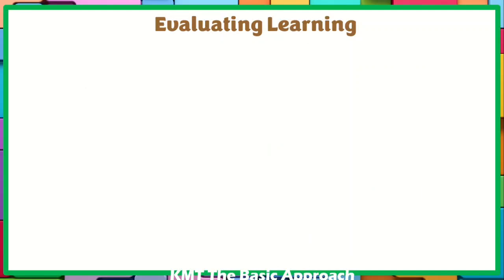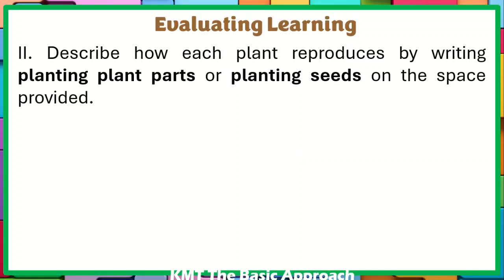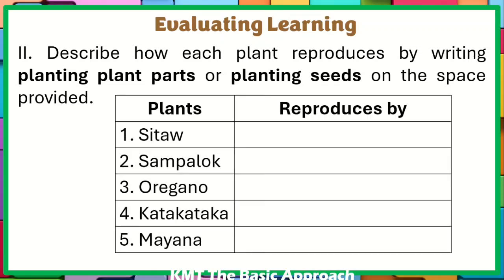Number 5, goat reproduces by giving birth. For part 2, describe how each plant reproduces by writing planting plant parts or planting seeds on the space provided. Let's answer. Number 1, sitaw reproduces by planting seeds.